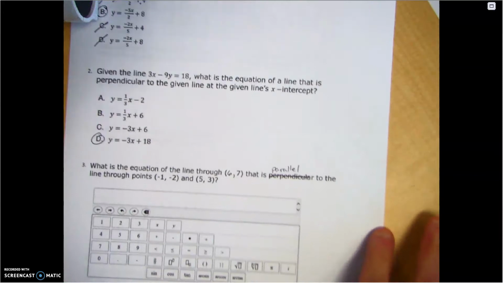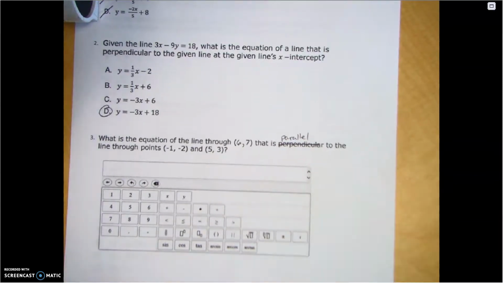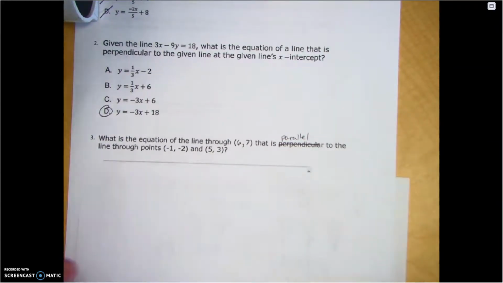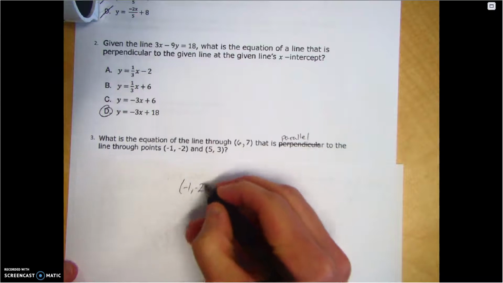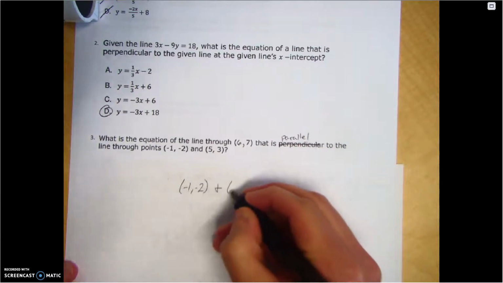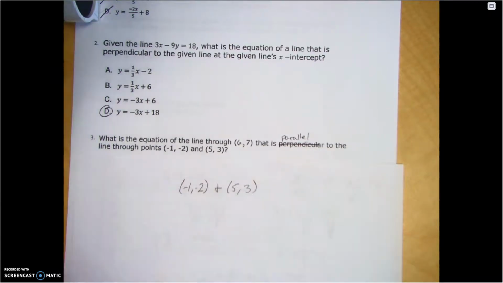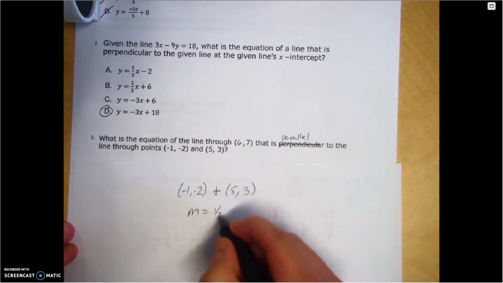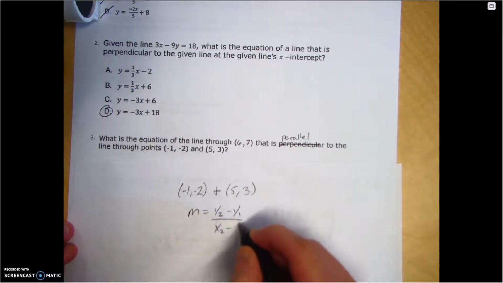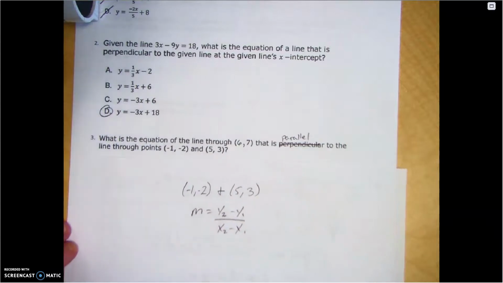All right, last problem. It says, what is the equation of a line through 6, 7, parallel to the points -1, -2, and 5, 3. So if they just give me the points, I need to know the slope. The slope formula is y2 minus y1 over x2 minus x1.